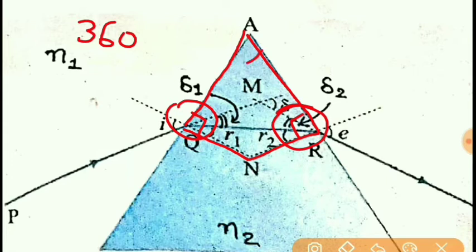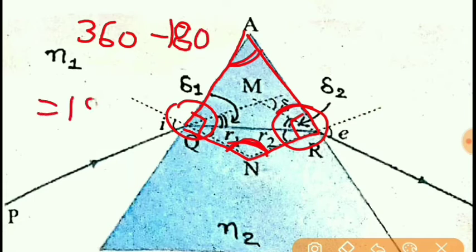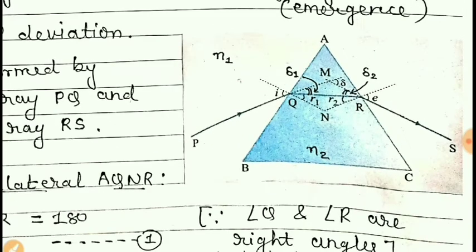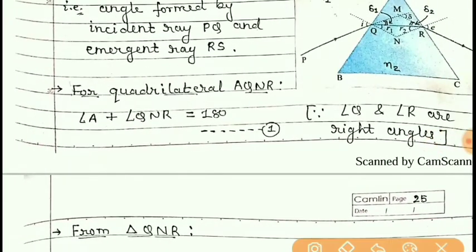And so what is the summation of this angle A and this angle N? Definitely it is 360 minus 180, and that is equal to 180. So students, this angle A plus angle N, or you can say Q and R, their sum is 180, and that I have written here. Angle A plus angle QNR is equal to 180. Equation number 1.